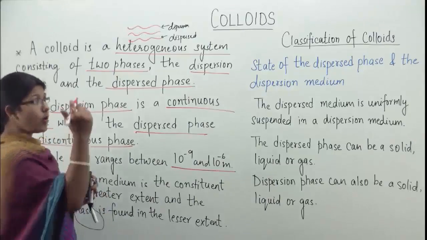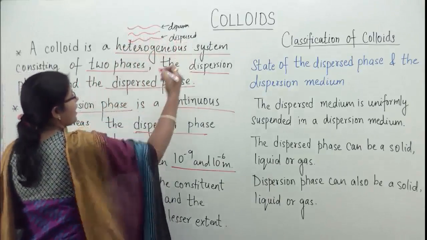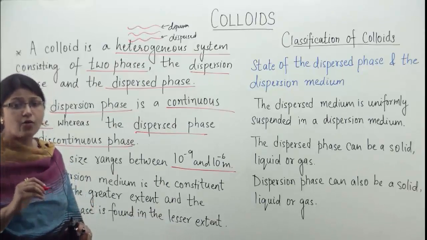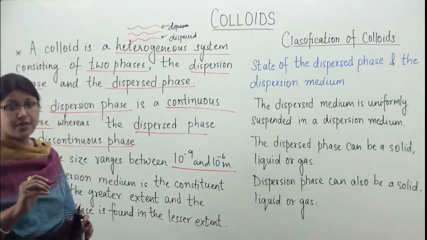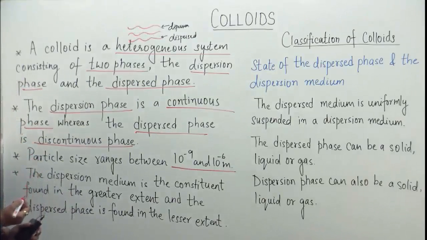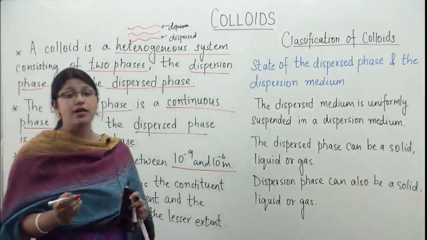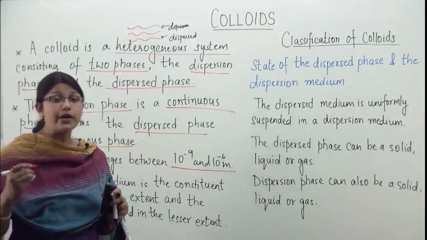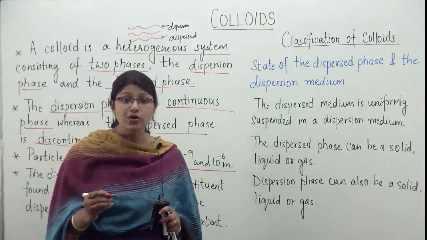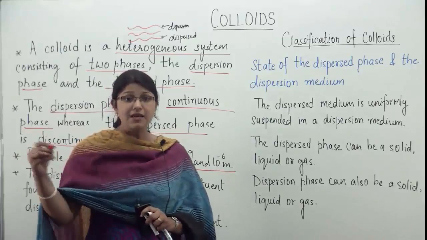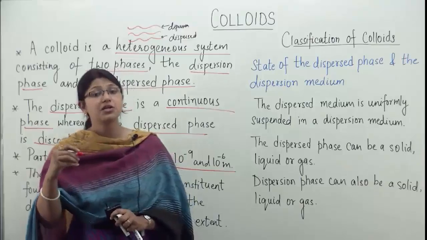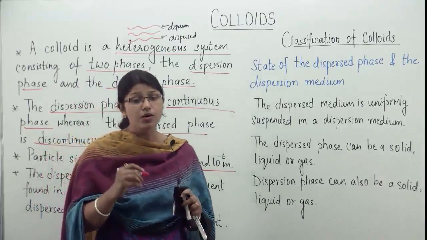What I have drawn here with the red line is the dispersion medium. It is found to the greater extent, and the dispersed phase is found to the lesser extent. The way we say solvent is more and solute is lesser, similarly the dispersed phase is lesser and the dispersion medium is in more quantity.